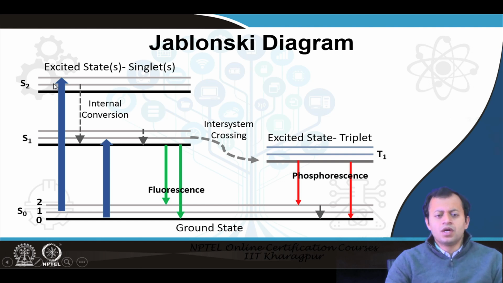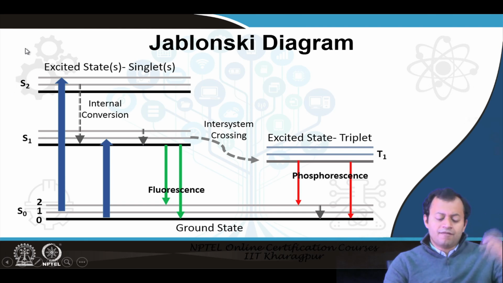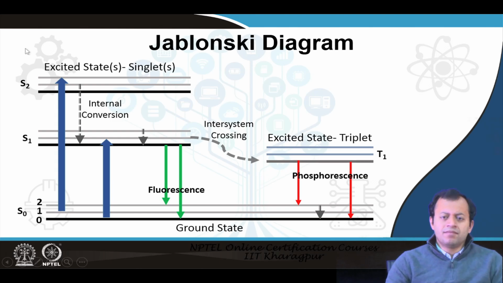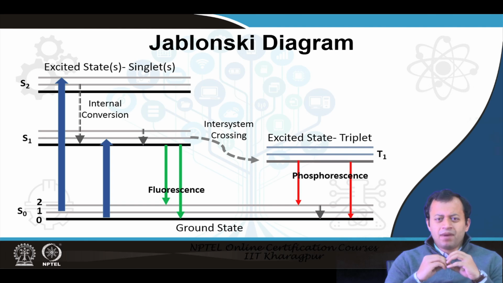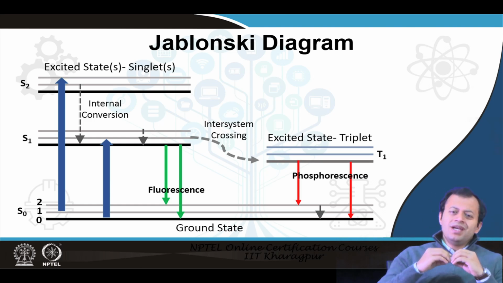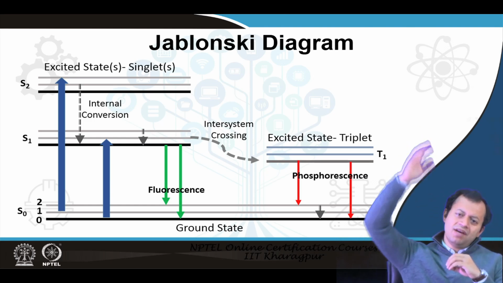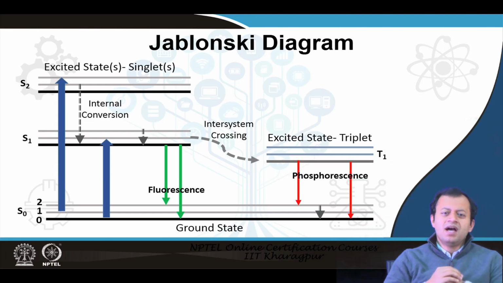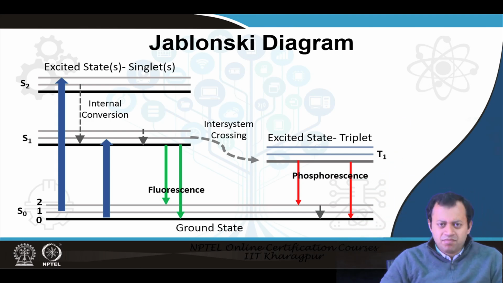There is no requirement that the electron will have to move to the first excited state. It can go to the second excited state, or it can go further and further. But the fact of matter remains that these are pi bonding. Pi bonding have delocalized molecules. These are actually carbon based or conjugated molecules. So, it might have higher energy levels S2, S3, S4, S5, but they are very unstable.